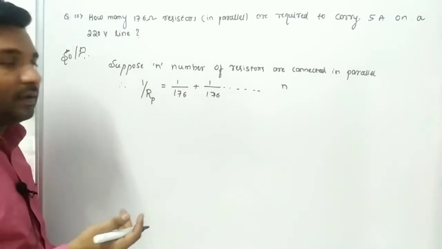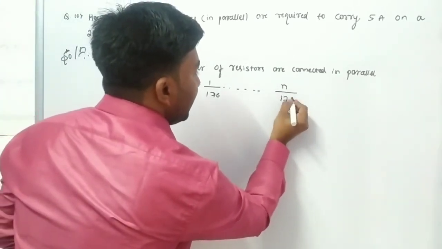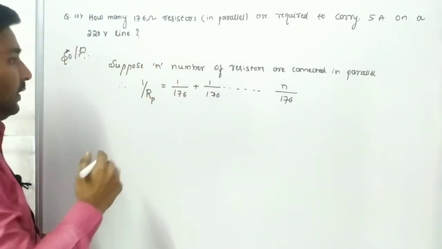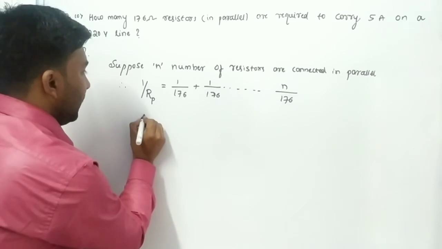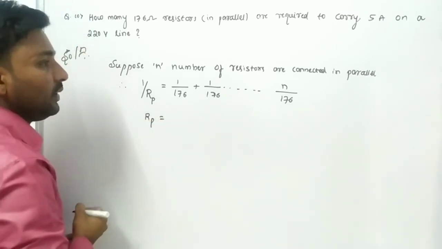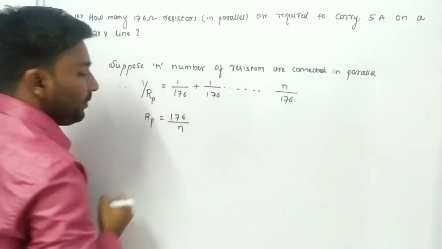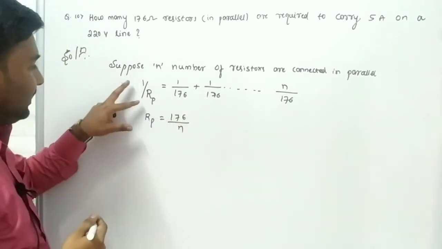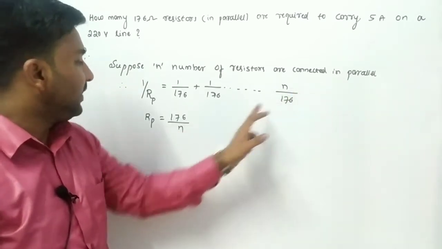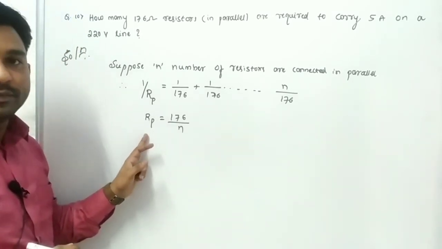We don't know how many we want, so plus 1 by 176, right? Now this can be written as Rp is equal to 176 divided by n, right? I have taken the reciprocal on both sides, that is 176 divided by n. So this is the resistance.